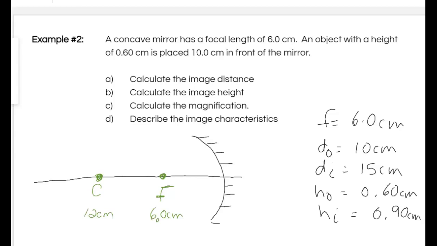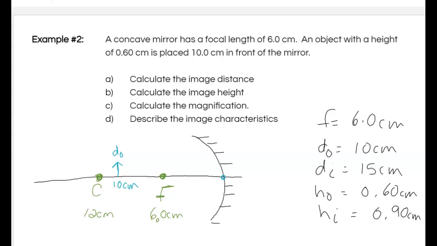So I'm going to just rough that out and say that my object is roughly about here. This is my DO, and it's at about 10 centimeters from my mirror, right here. Okay, and my DI is 15 centimeters.